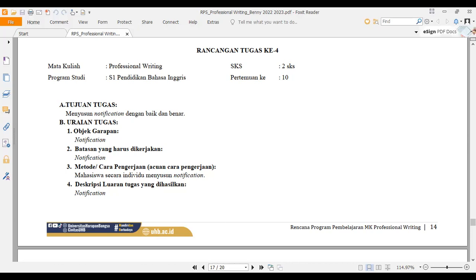So I do believe that this course is very beneficial for you, especially if you want to work in a company or in an office, a multinational company, where you have to write professional matters, not only an essay like descriptive essay, recount, report, argumentative essay, but here you can notice that our focuses are in the form of professional matters such as email or correspondence writing, such as how to create a poster, writing a project proposal, writing a memo, writing a meeting minute, and so on and so forth.